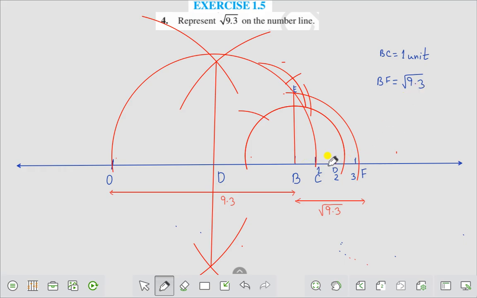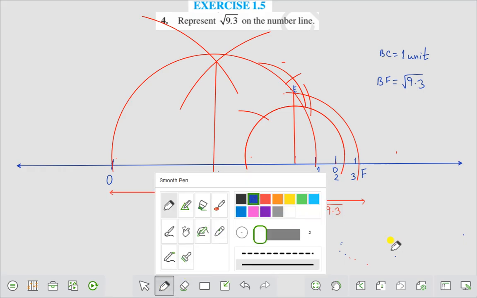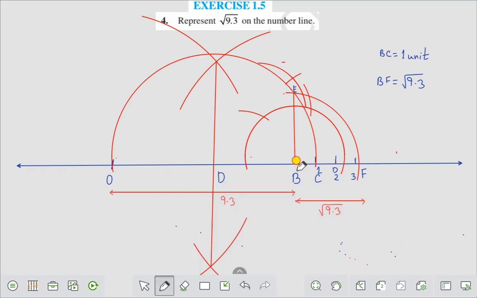Here B is 0, then 1, this is 2, and this point is 3, right? That means we are getting the F point as 3 point something. BF is equal to 3 point something, and this BF represents root over 9.3.